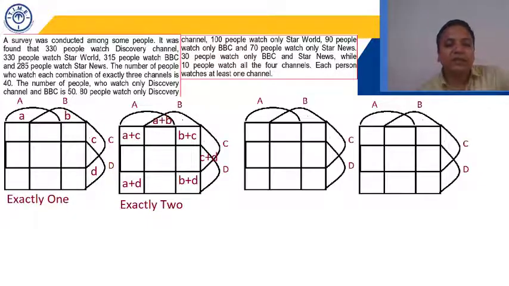A plus C means it comes under A and under C, outside B and outside D. So the people represented here are reading newspaper A plus newspaper C. Similarly, A plus D is outside B and outside C. So it represents exactly 2, A plus D. So exactly 2 represents 6 regions as shown.